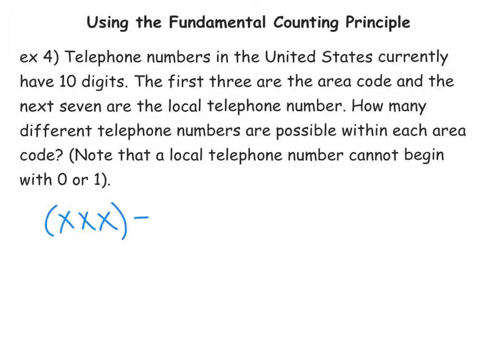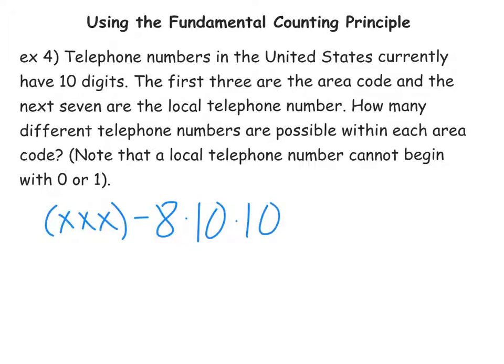What that means, as I'm going through my counting principle, is that for the first digit of the phone number there are only 8 possibilities: 2, 3, 4, 5, 6, 7, 8, and 9. Then there's 10, and then there's 10.